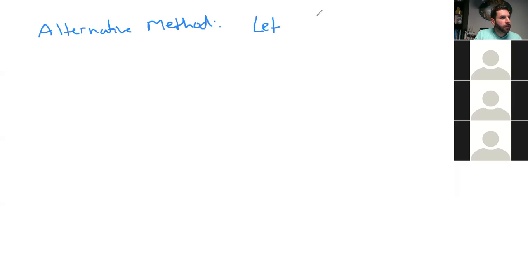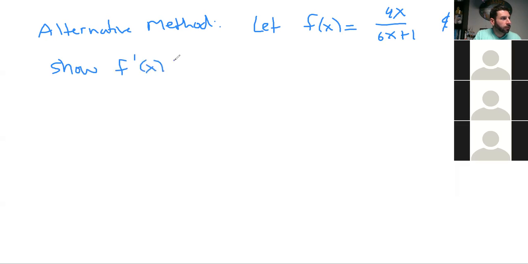An alternative method is to let f of x, which is the corresponding function, that would be 4x over 6x plus 1, and show that f prime of x is greater than 0.